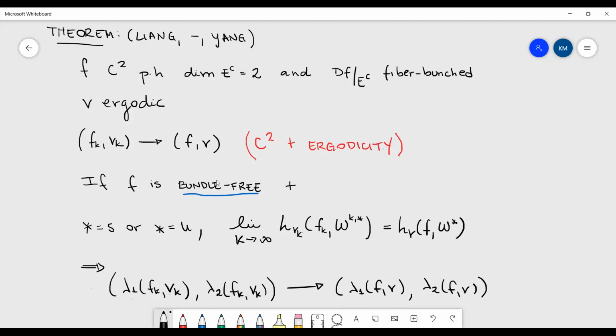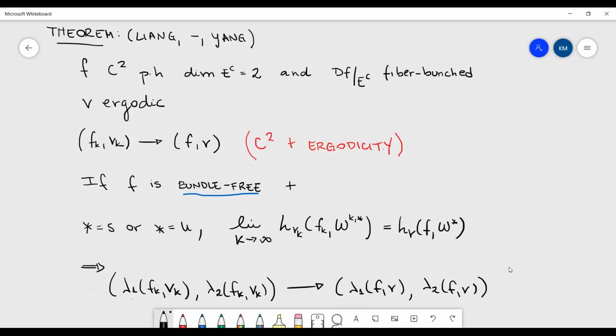And if I put for F a condition that I'm calling bundle free, that is a condition that we expect to be the characterization of this open and dense subset where you have continuity, you need to have this property here that says that the partial entropy along stable or the partial entropy along unstable manifolds are continuous. If you have this, then you have the continuity of the Lyapunov exponent.